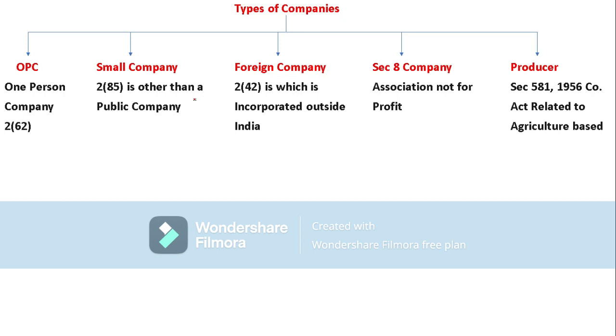Only one person will be the company member. Such companies are considered one person companies. These companies enjoy certain privileges and exemptions as compared to other companies like public limited and private limited companies.